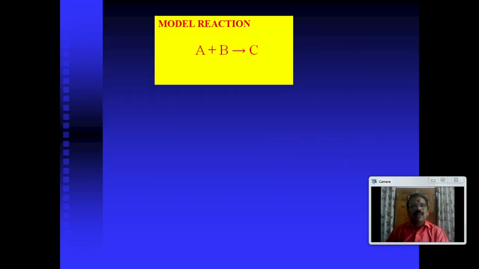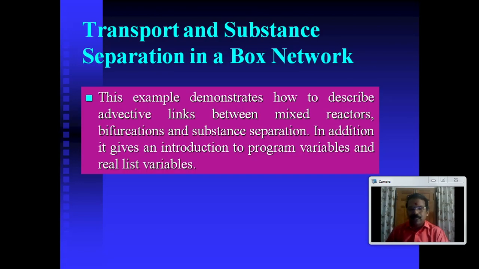In this example, A is reacting with B to get the product C. How can this simple reaction be implemented in the form of a network of tank reactors?